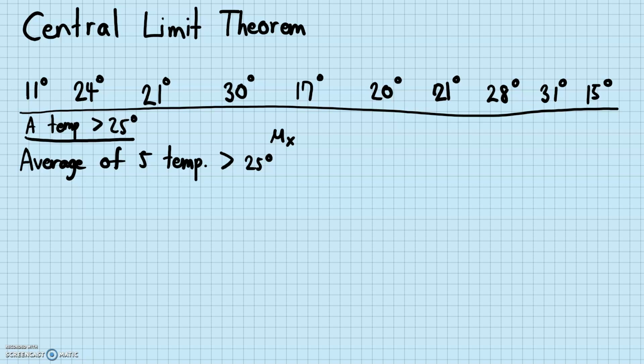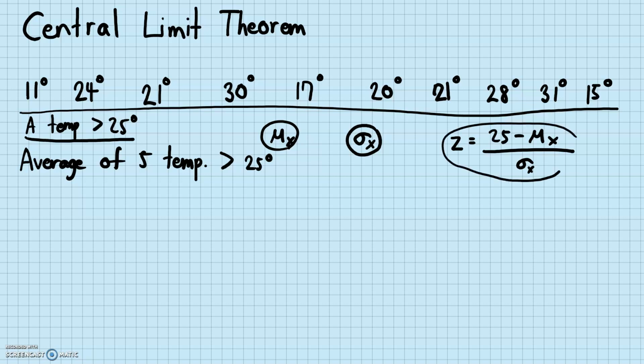If this is the question, then you can just find the mean and the standard deviation here and use the z-score. Actually, I think these are switched. That's how you'd find the z-score if the question was asking just about a particular temperature being greater than 25 degrees.